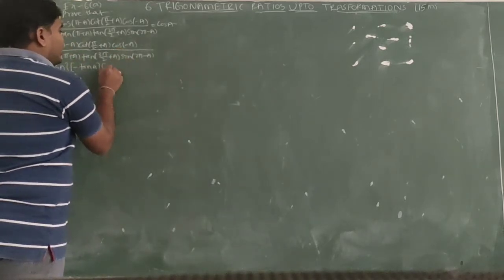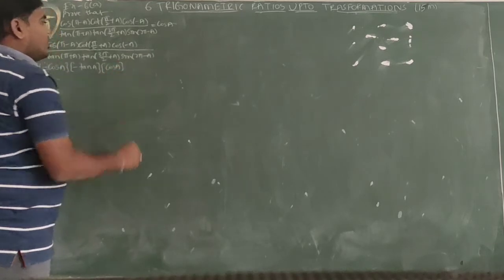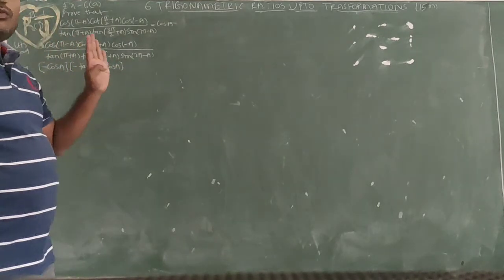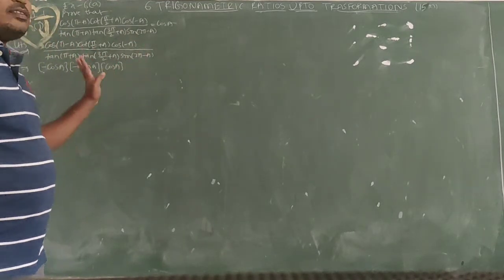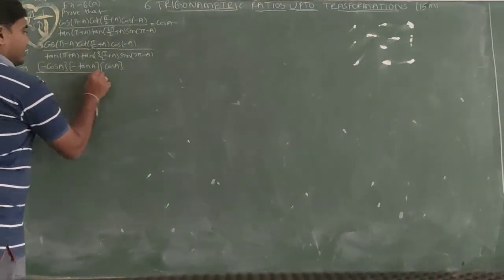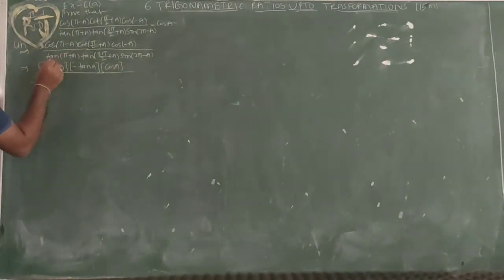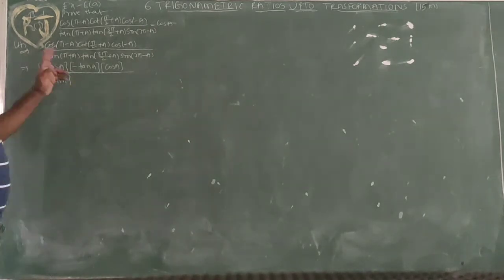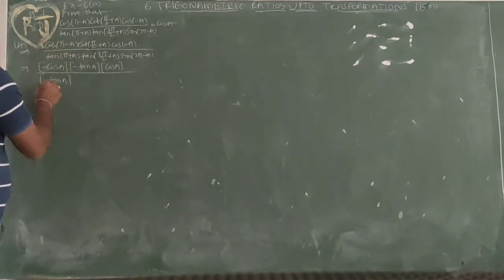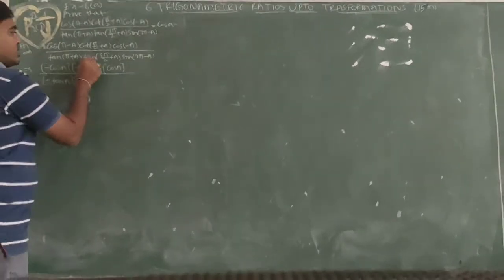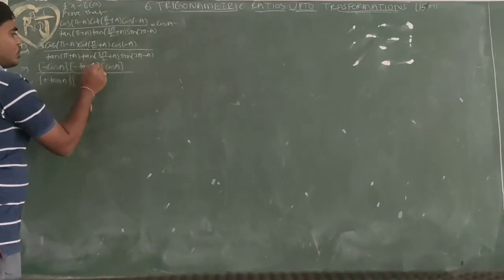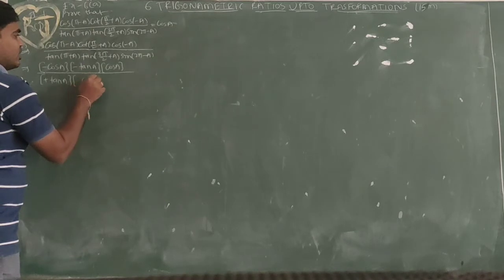Next cos of minus a, cos a, since the angle is in the fourth quadrant, in the fourth quadrant cos is positive. Then pi, 180, tan will remain tan. 180 plus is third quadrant, tan is positive, plus. Next tan of 3 pi by 2, 270, tan becomes cot.